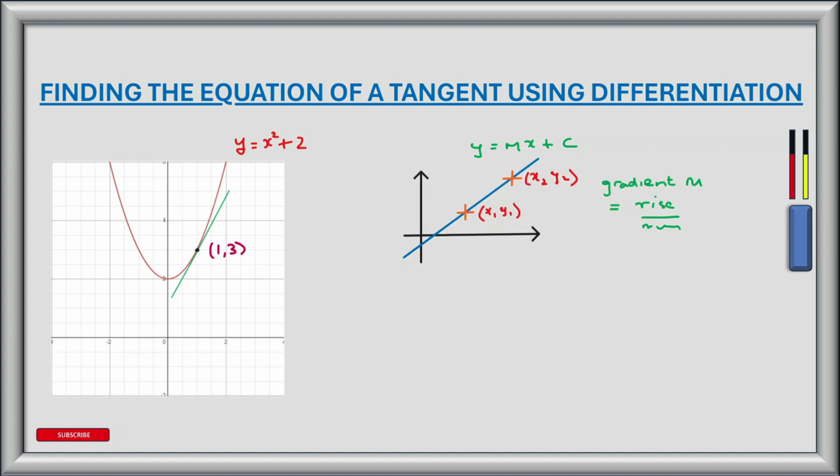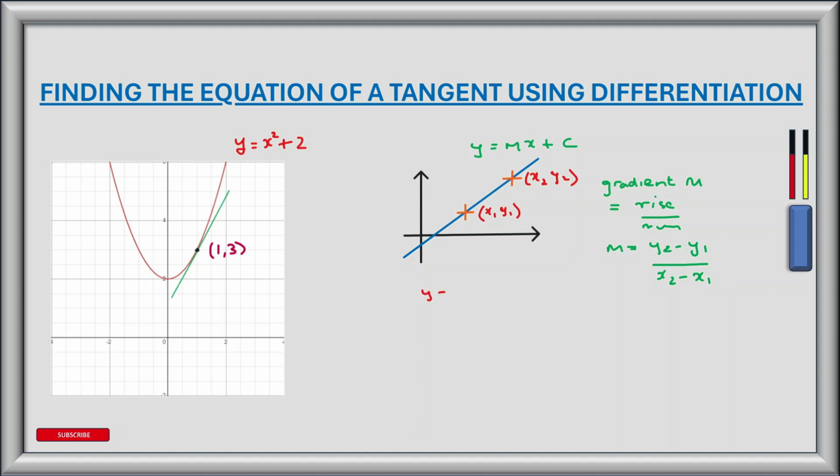When using this method, we were given 2 points on the line, and we could calculate the gradient using the formula m is equal to y2 minus y1 divided by x2 minus x1. In our example though, we have just one coordinate. In this case, we can use differentiation to find the gradient.